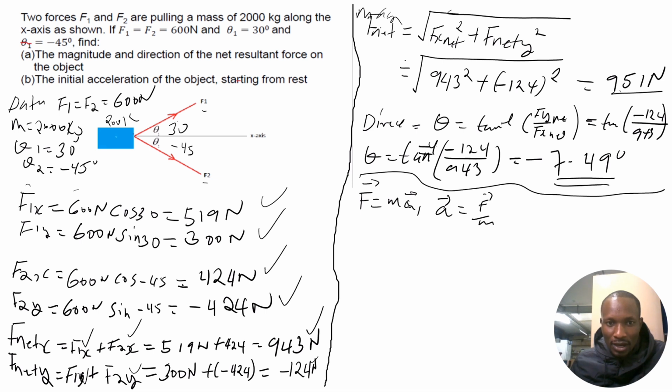So if we look at the acceleration in the x component, then it's going to be the magnitude of force in the x component net divided by mass.